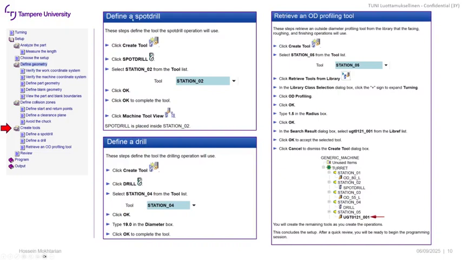For example, here, spot drills are defined on number 2 and 4, and outside diameter profiling on the right-hand side is defined on number 5. Or if I have any outside grooving, I will again define it in number 7, for example.